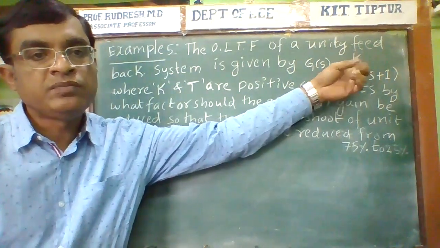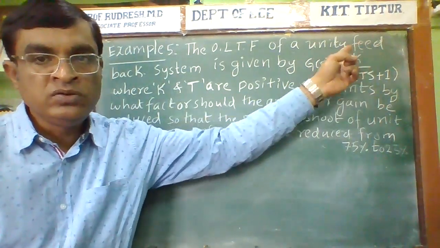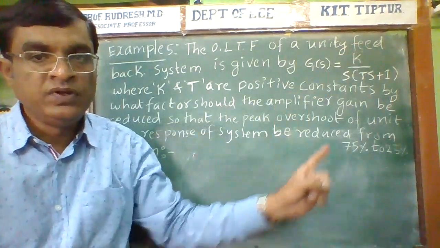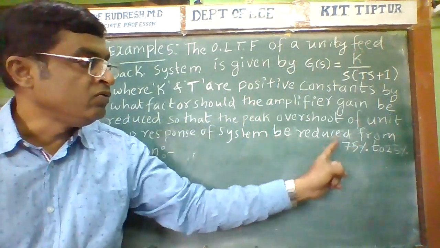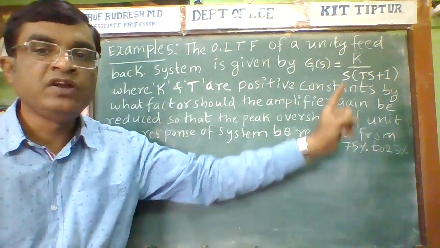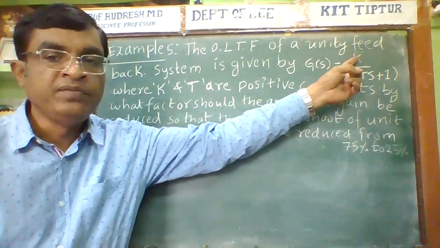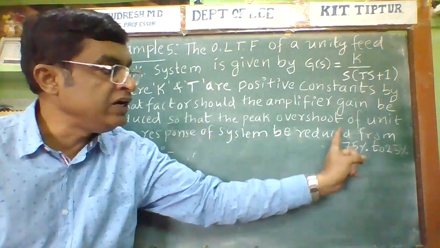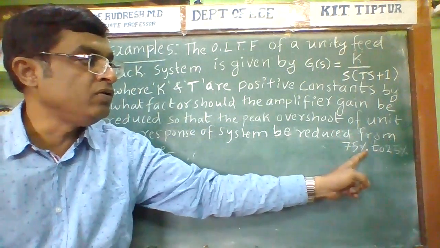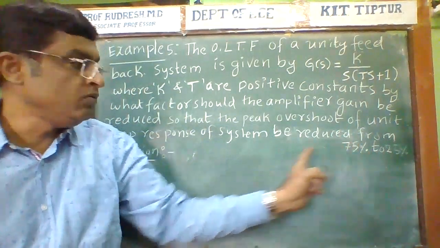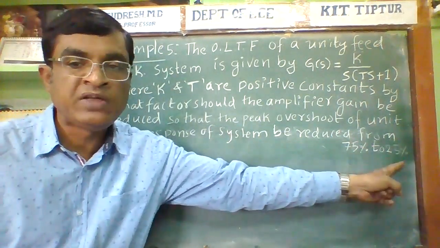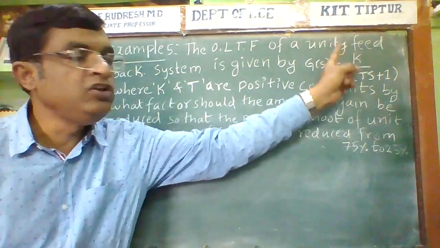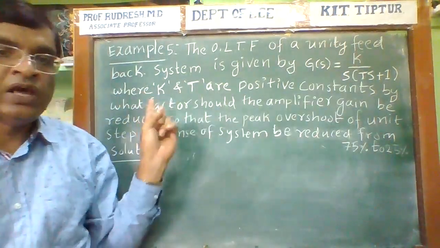In this example, we need to calculate the gain K when the maximum peak overshoot Mp is equal to 75%. And also, if we want to reduce the maximum peak overshoot from 75% to 25%, then what will be the new gain? That also we need to calculate.